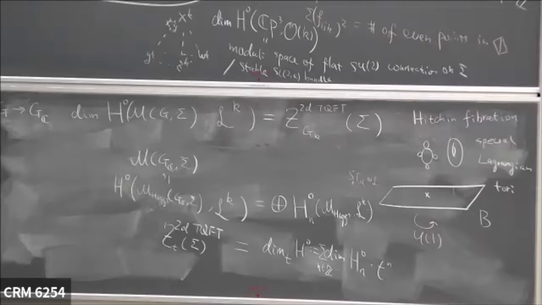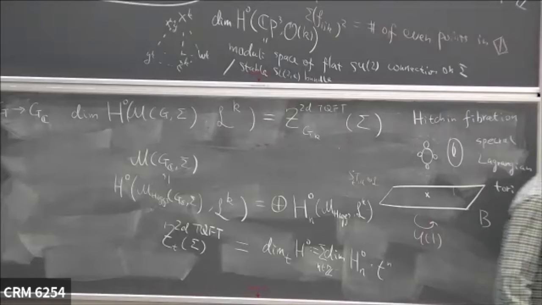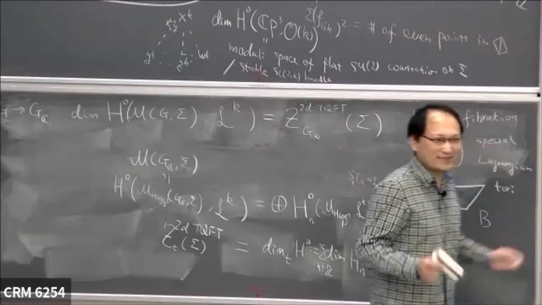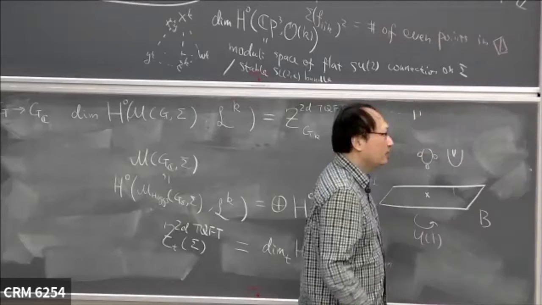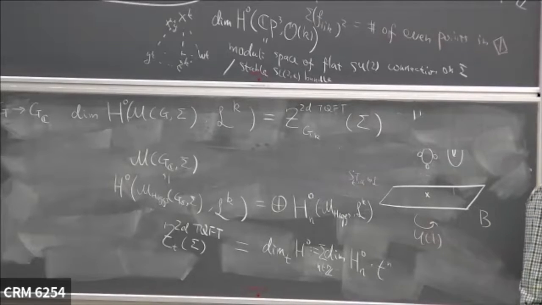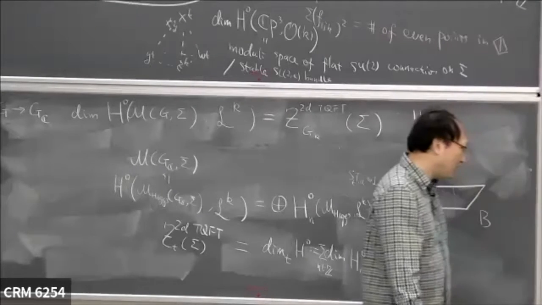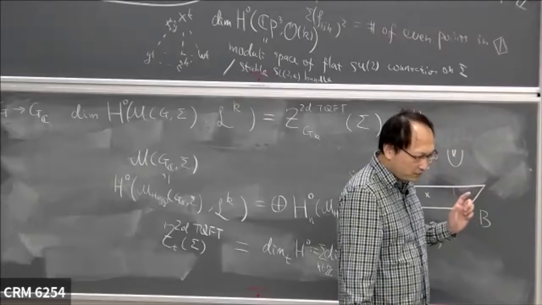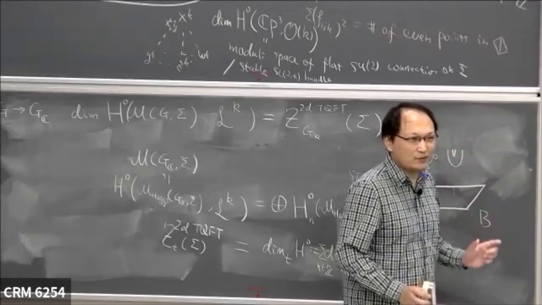In the non-abelian case, this is replaced with something more fancy, some vortex moduli space that I will not bother you with, because it's related actually to 3D theory, and for 3D theory you always have K theory. In the case of cohomology, when we first studied this, we used cohomology.